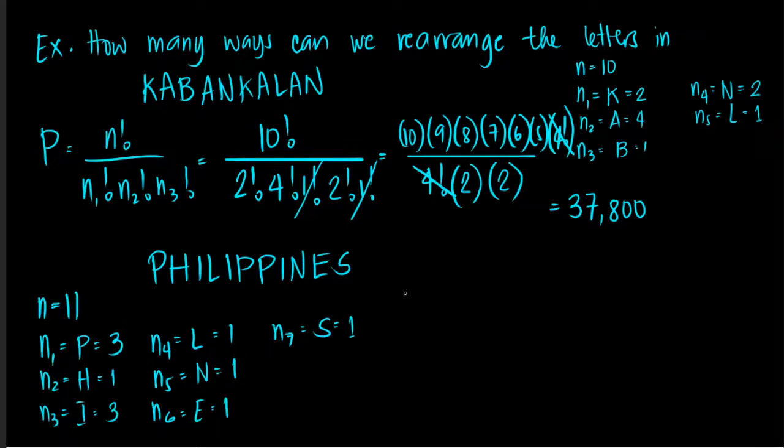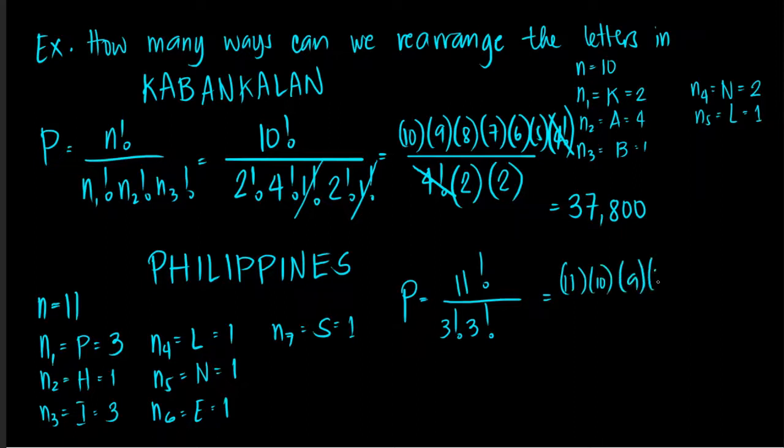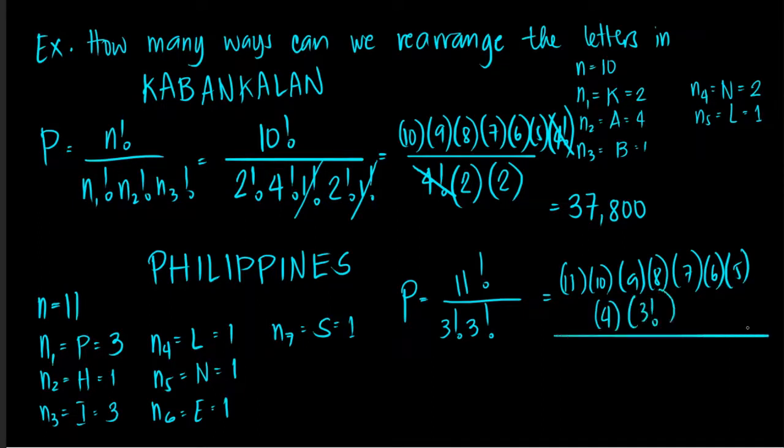Good. So, ang ating permutation will be equal to 11 factorial over 3 factorial, another 3 factorial. So, what we have is 11, 10, 9, 8, 7, 6, 5, 4, and then 3 factorial all over 3 factorial times 3, 2, and then 1.